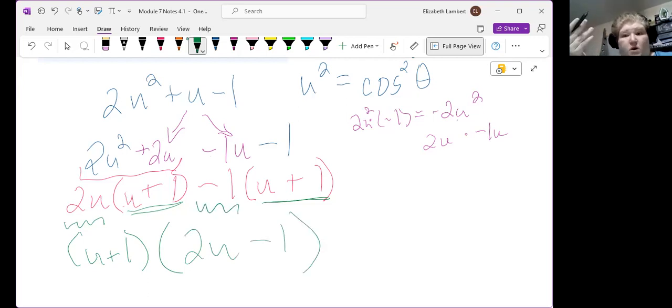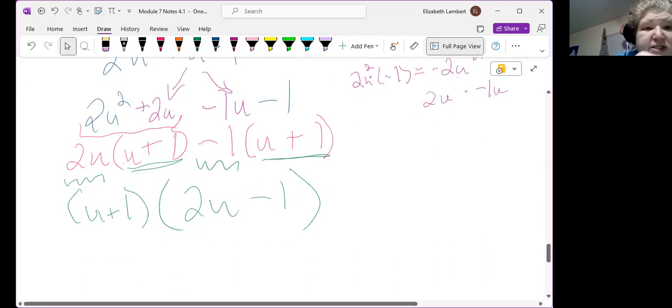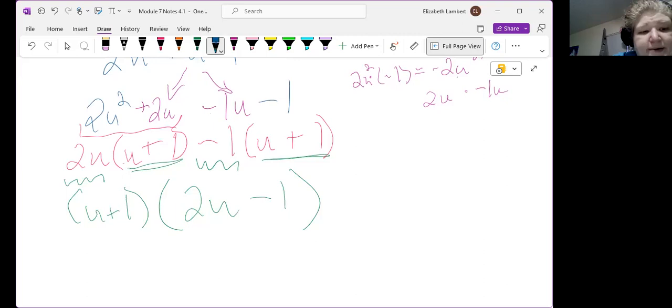So that is now our weird quadratic factored. Now, all we have to do to finish this out is, instead of my u's, I'm going to write cosine again. So this is the cosine of theta plus 1 and 2 cosine theta minus 1.